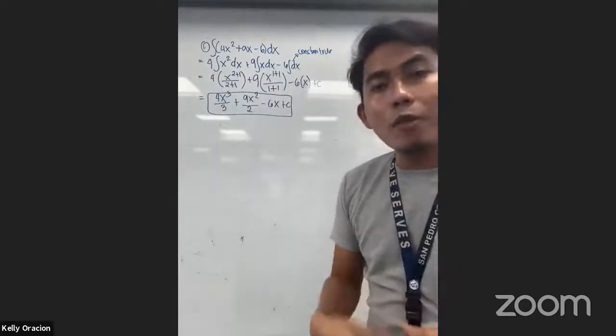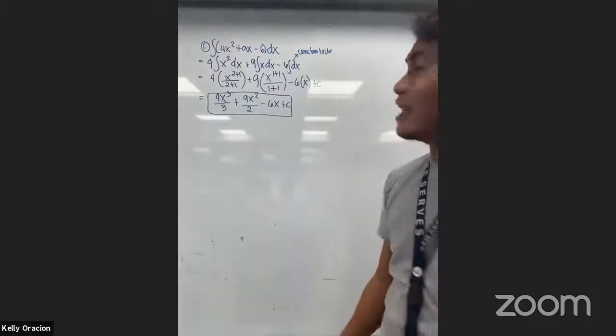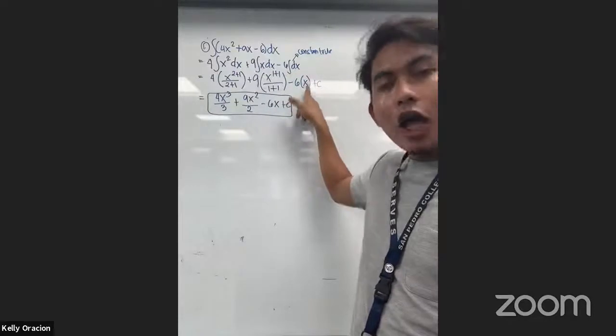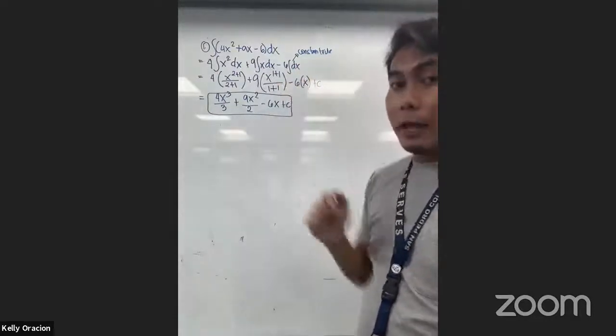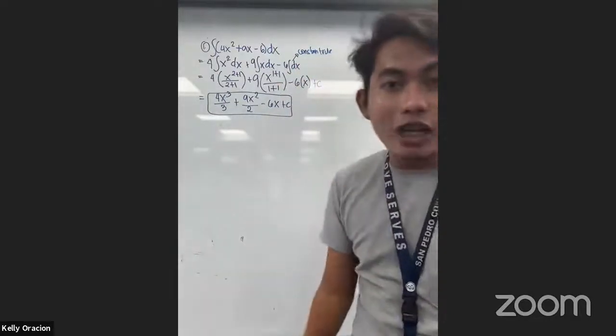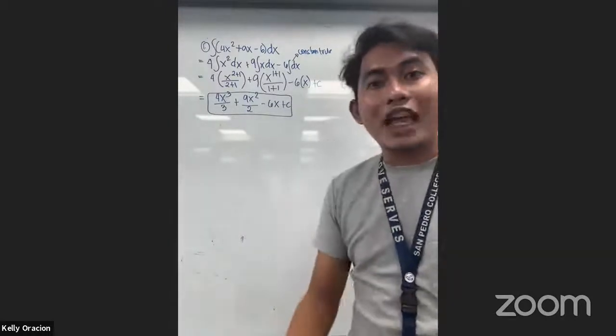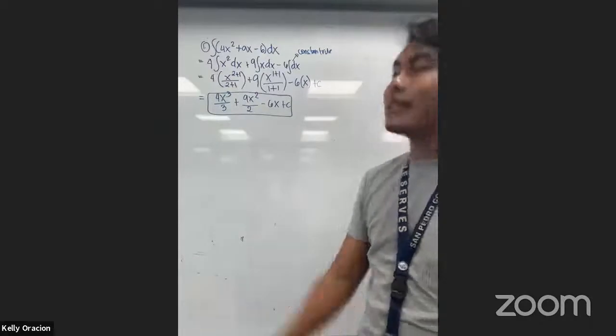Again, the variable of integration is dx. That's why it's x. If it were dr, it should be r. If it were dt, it should be t. So dt, dr, dx, okay? Since dx is our variable of integration, it's x, 6x.